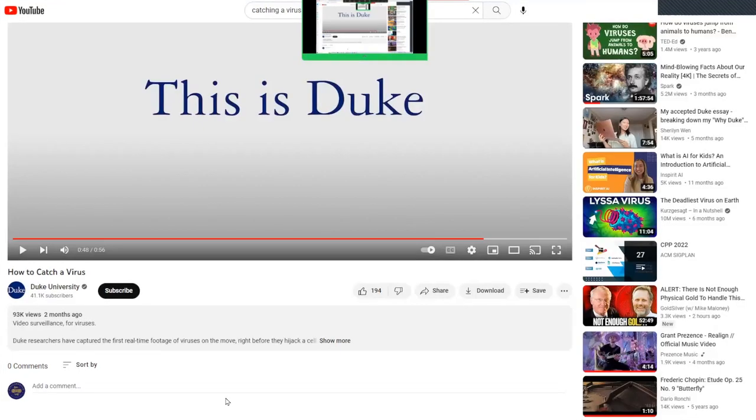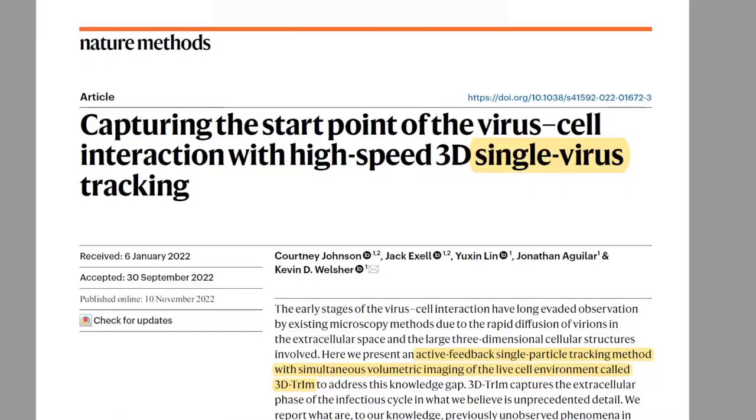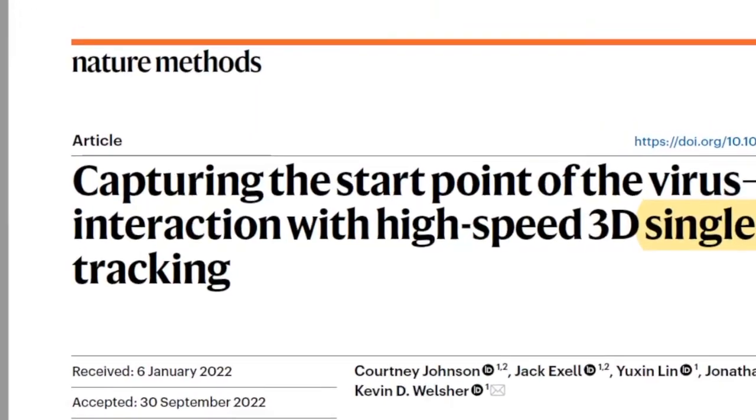So let's now look a little closer, because in the description or the show notes from that video, they reference a paper. So I will share my screen again now, and we can take a look at this paper. Okay, so here is the paper, and it's from Nature Methods.